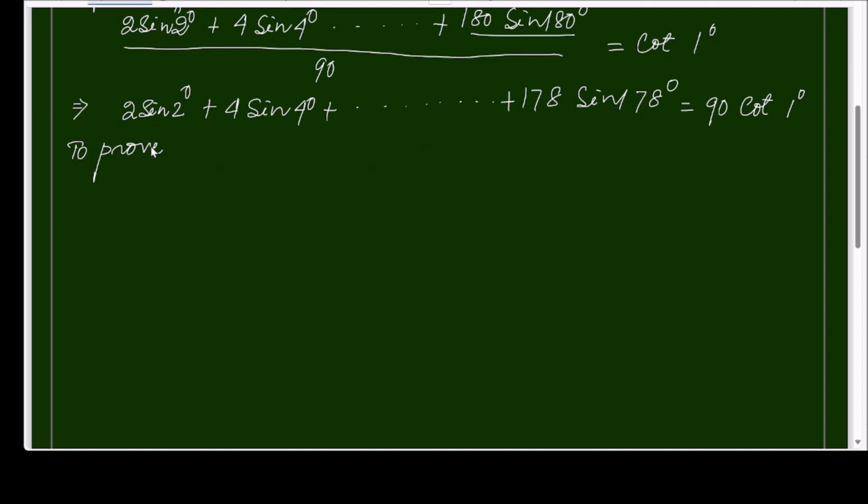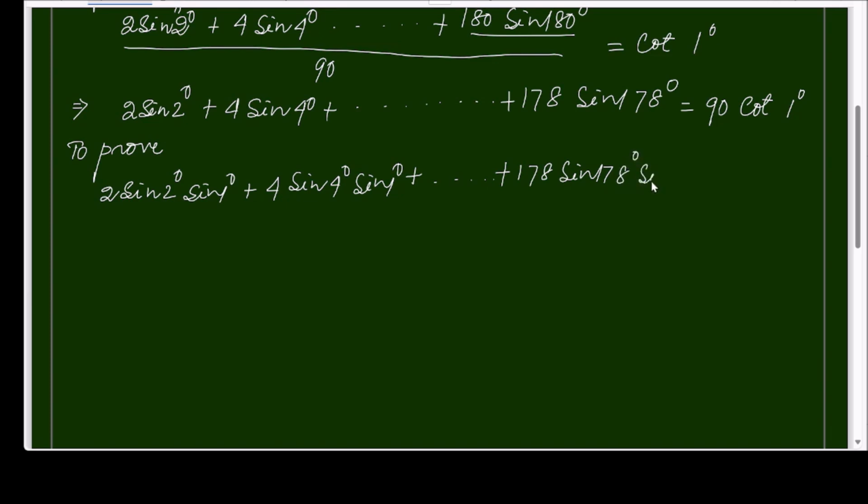So it will be 2 times sine 2 degree sine 1 degree, and I am multiplying sine 1 degree in each of the terms, up to 178 sine 178 degree sine 1 degree, is equal to cot 1, meaning cos 1 by sine 1.